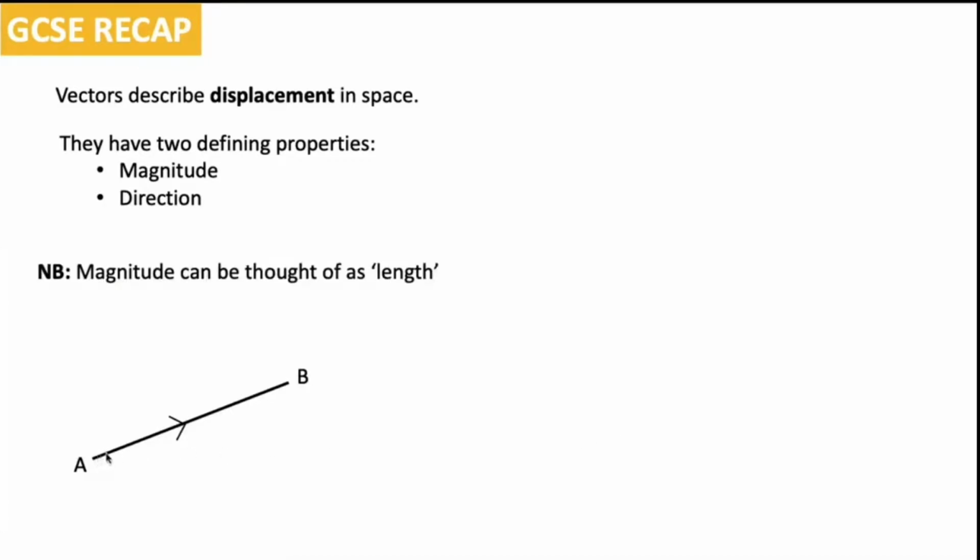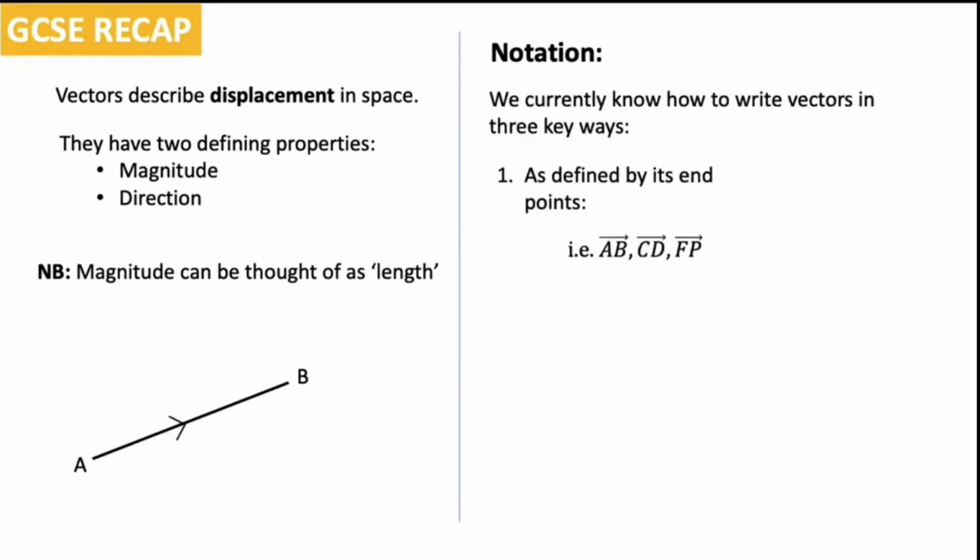Now some notation. Typically at GCSE, we use the endpoints to define a vector. So the vector AB, and we'll draw an arrow letting you know the direction between A and B. CD, FP, etc. Sometimes the actual vector itself, the line segment of the vector, was labelled with a letter.